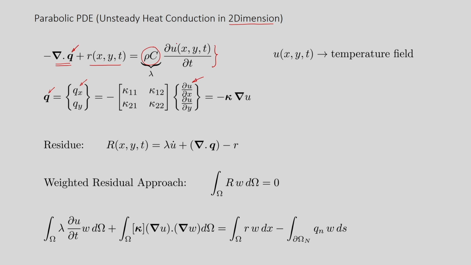Here u, the unknown variable, is representing the temperature field. So, this heat flux vector Q is related to the temperature gradient using this conductivity matrix. This is basically the Fourier heat conduction law. So, Q is equal to minus kappa times the gradient of u.